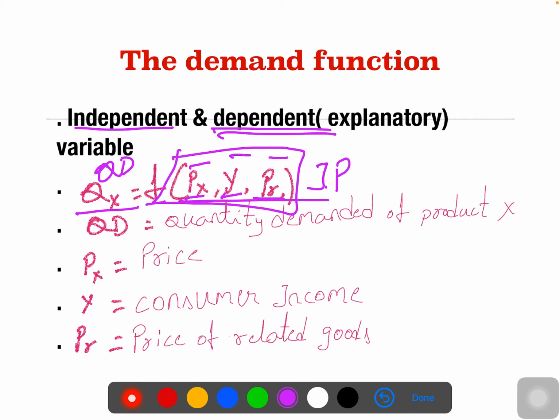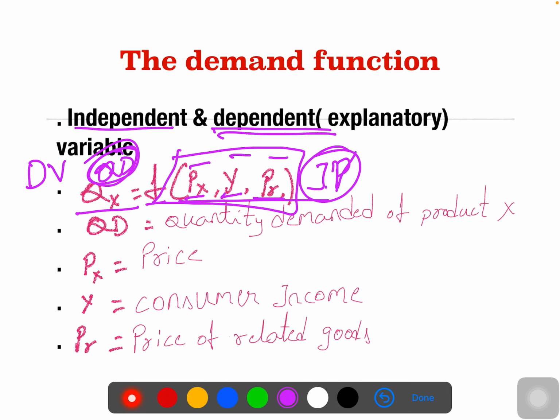So on this side, we write the determinants of the quantity demanded. Whenever any of the independent variables changes, the dependent variable, which is quantity demanded, the explanatory variable, is going to change. So in the demand function, we explain the relationship between quantity demanded and its determinants.